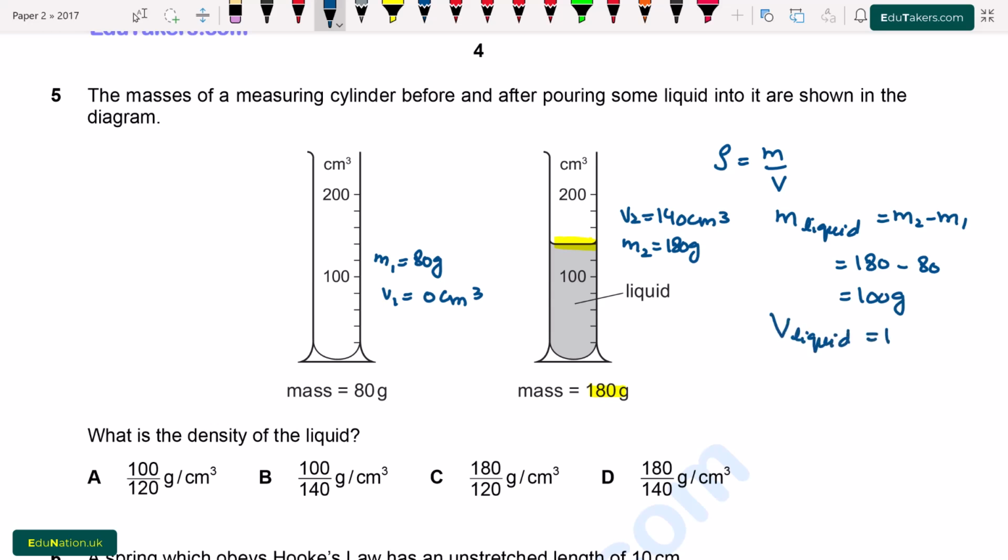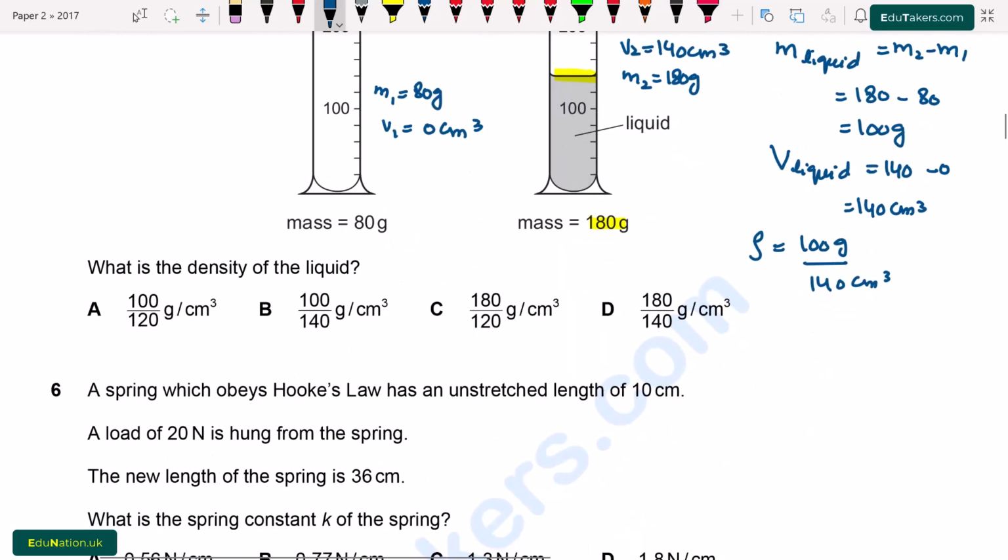It will be equal to 140 minus 0, 140 cubic centimeter. So the density will be equal to 100 gram divided by 140 cubic centimeter. Now we see the options. Option A 100 over 120 gram per cubic centimeter, B 100 over 140 gram per cubic centimeter. So B option is correct.